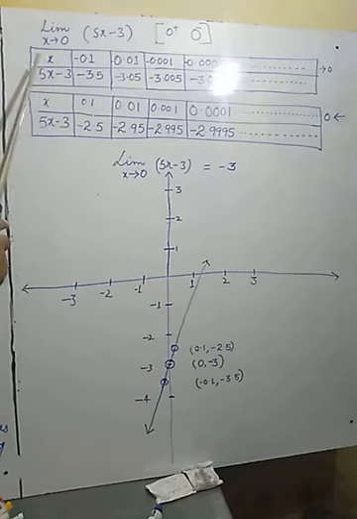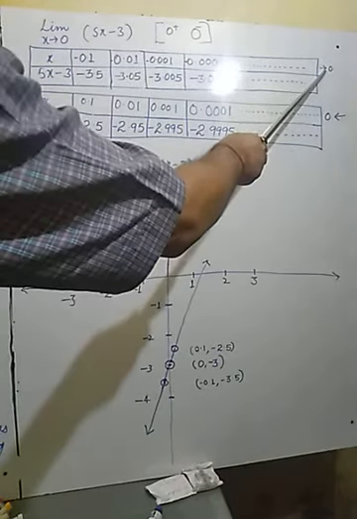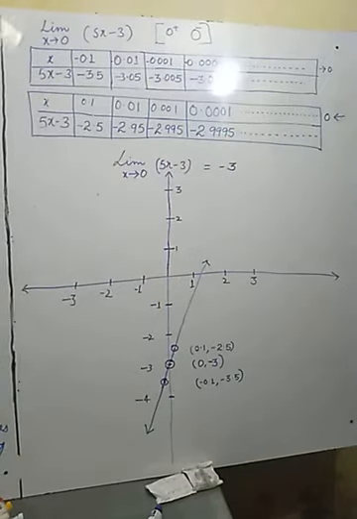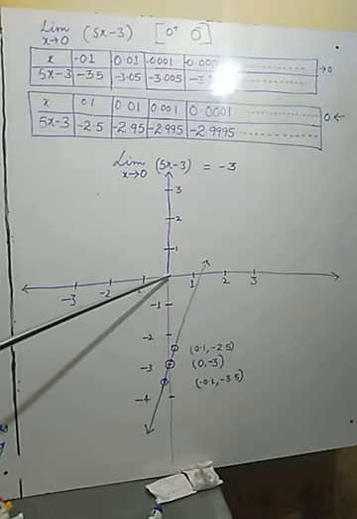In this way we are extending negative values towards 0. Suppose this value is here, the next one is there, the next one here, means all these values are approaching 0.